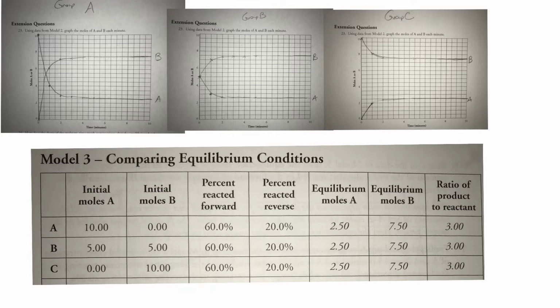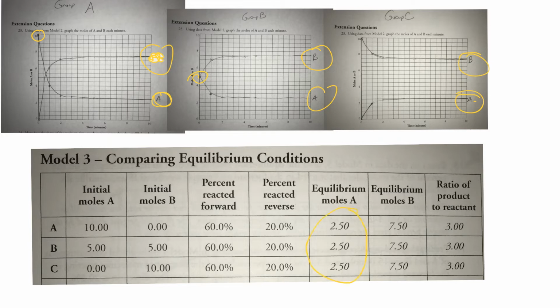What we found at the end is that if you look at the amount of B, which was the product, starting at 0 in this particular graph, and the amount of A, which was the reactant, which is reduced as the reaction goes on, the interesting thing is, no matter how much you start with of A and B, whether you have all reactants and no products, or you have equal products and reactants, once it comes to equilibrium, your A and your B on each of the graphs are the exact same numbers.